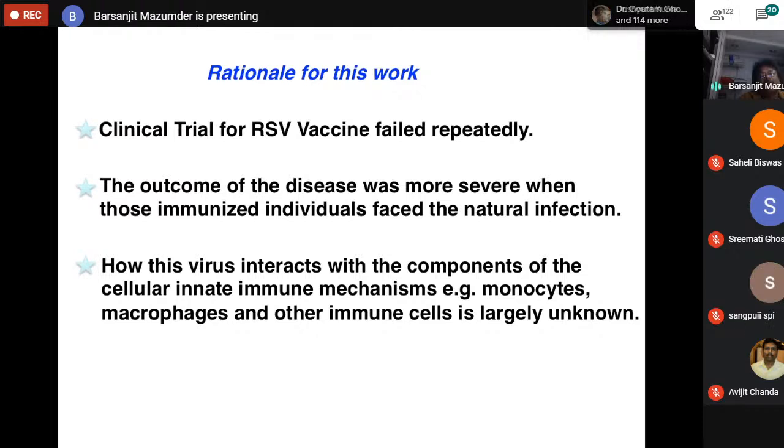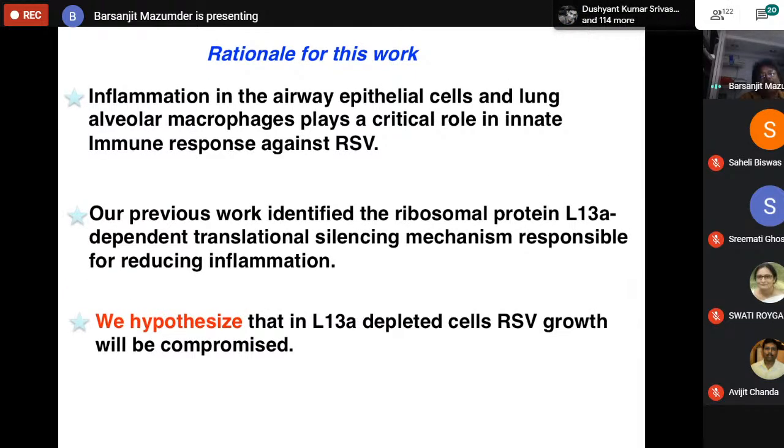How this virus interacts with the components of the cellular innate immune mechanism, monocytes and macrophages, is largely unknown. Another rationale for this work is inflammation in the airway epithelial cells of the lung. This inflammation plays a very important role in the innate immune response against RSV or against all respiratory viruses.